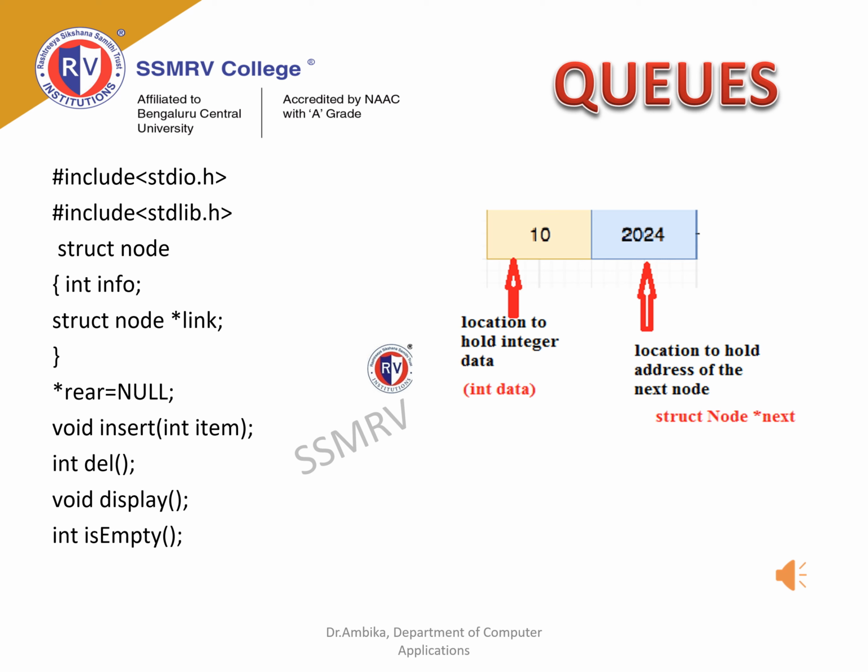The library files to be included in the program is listed, followed by the definition of the structure. The structure consists of two divisions. The section to hold the integer value labeled by the name info and the location to hold the address of the next node. The prototypes of the different functionalities are written.